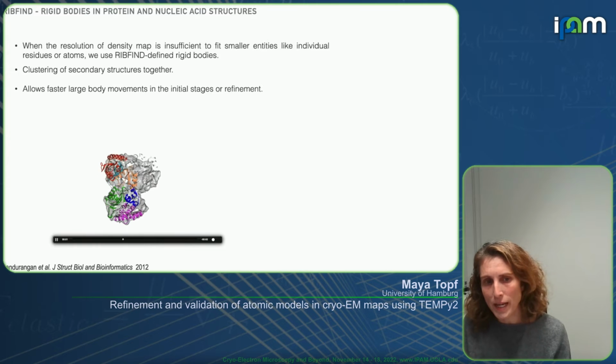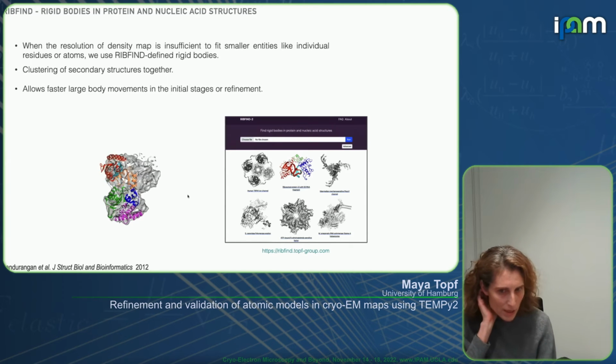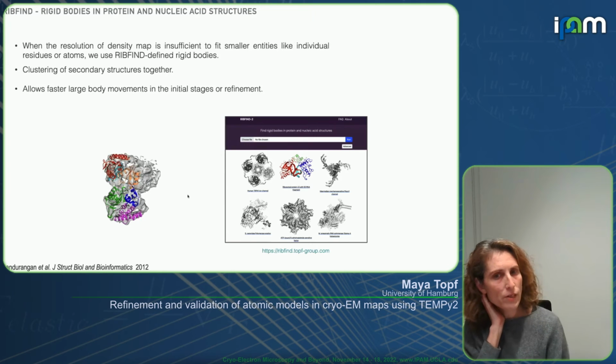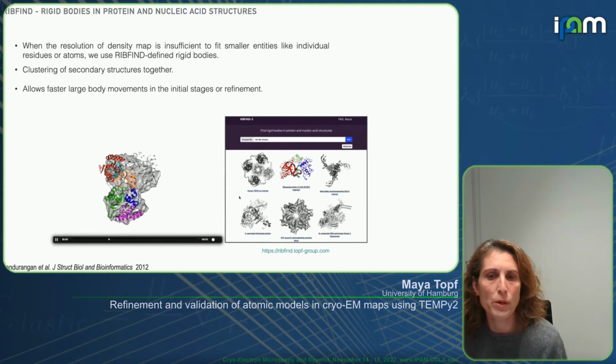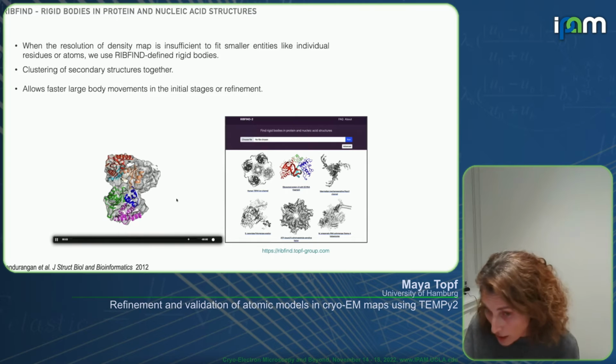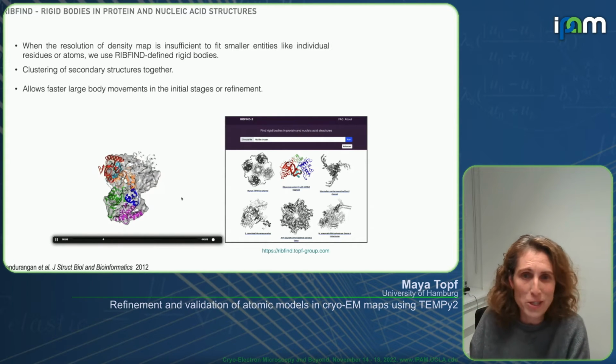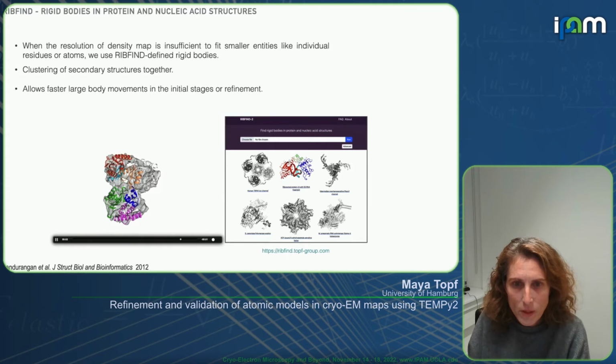Once you do that, you can define your rigid bodies based on Refinement, and you can pull that into the density. Recently, we haven't published it yet, but we have a new server for it where we also do RNA clustering. So feel free to use it and try to cluster your RNA structure if you're interested.